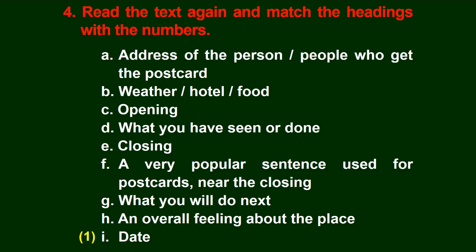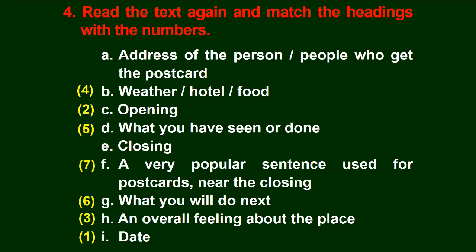So number 1 is date. Number 2 is opening. Number 3 is an overall feeling about the place. Number 4 is weather or hotel or food. And number 5 is what have you seen or done? It is number 5. And number 6, what you will do next.